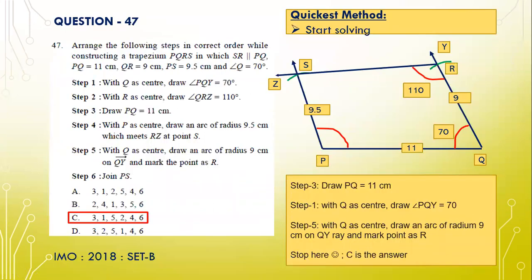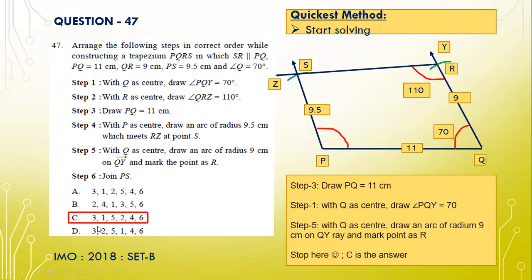Arrange the following steps in correct order while constructing a trapezium PQRS, in which SR is parallel to PQ, and PQ is equal to 11 centimeter, QR is equal to 9 centimeter, PS is 9.5, and angle Q is 70. Now the steps are, the first step is basically draw PQ at 11 centimeter.